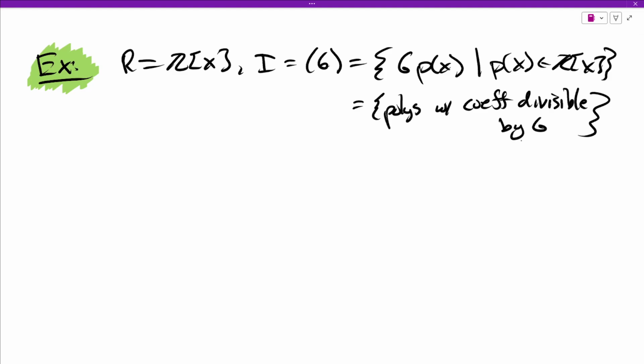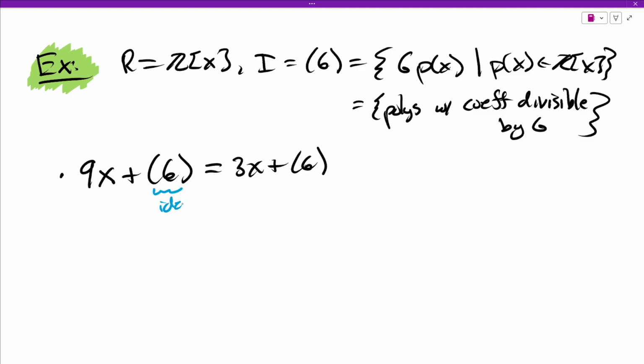And we're going to investigate congruence modulo this ideal. So I'm going to claim a couple things. At the start, I'm going to argue that 9x plus 6 is the same as 3x plus 6. Now this part here is the ideal.